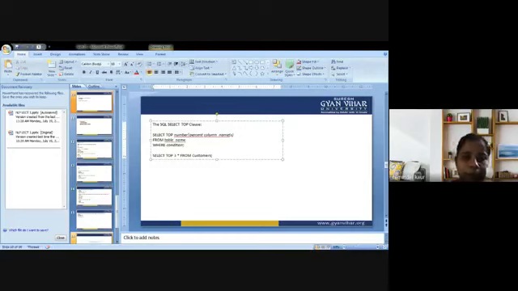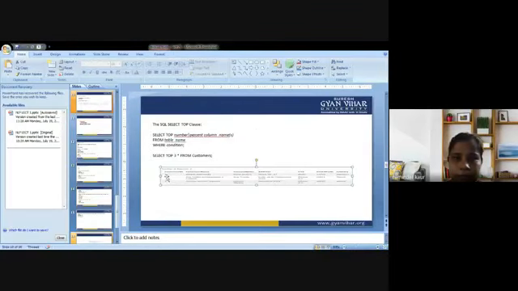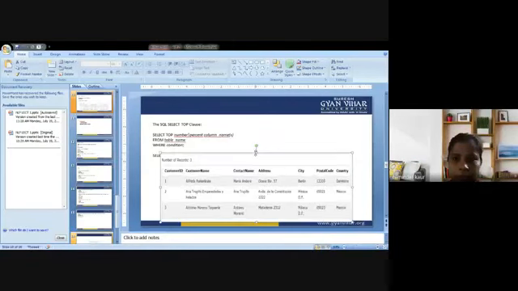A total of 3 records will be fetched. So this would be my result: customer ID, customer name, contact name, address, city, postal code, country. These 3 records will be fetched. Star means all the attributes associated with that particular record will be returned.